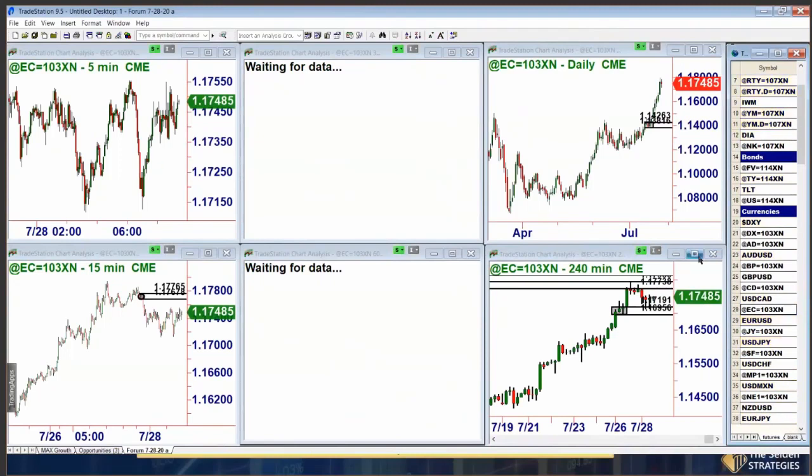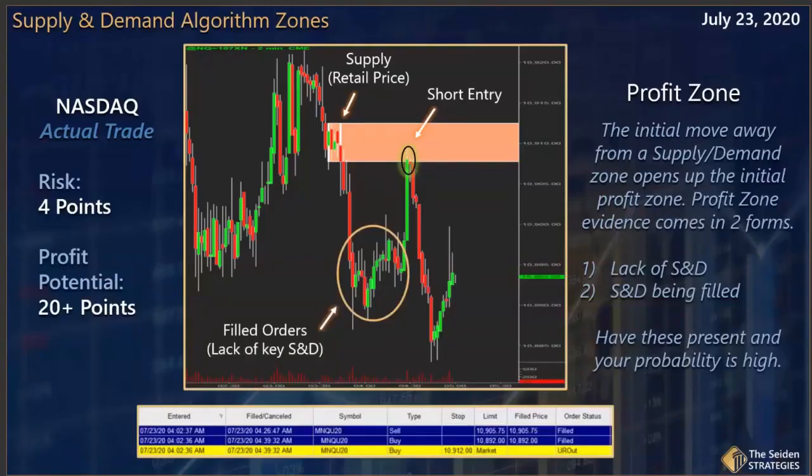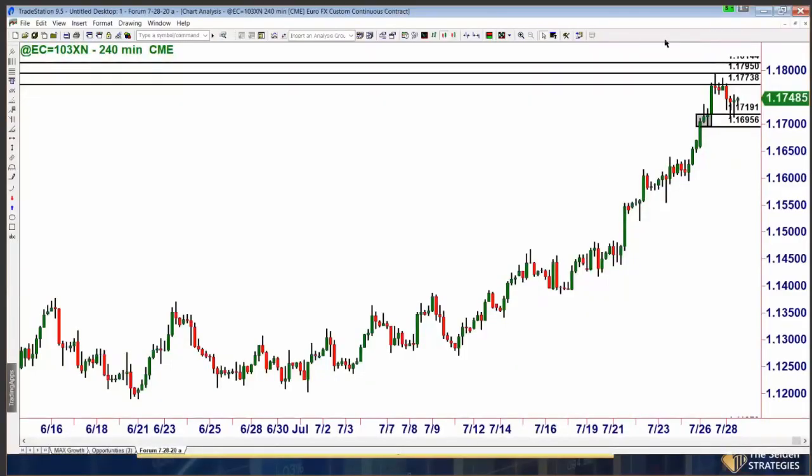So euro futures, for anybody in our program here. If you are, maybe you took one of these euro positions here, but you can see what the euro is dealing with also.